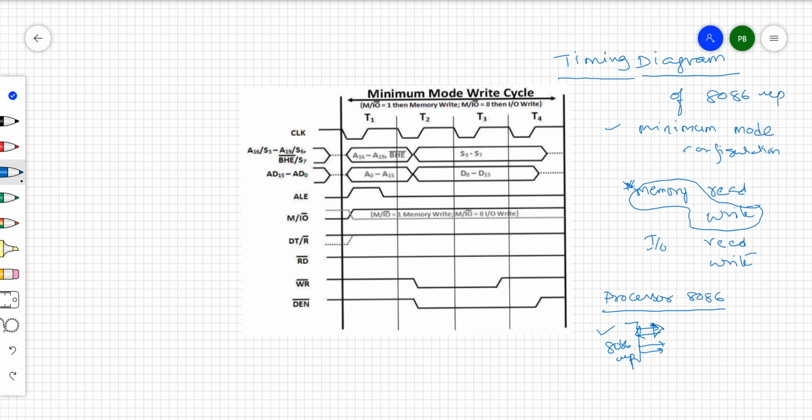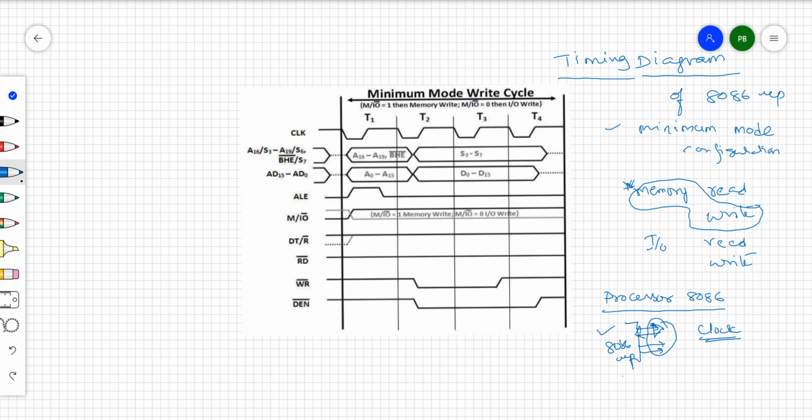All pins are going to be output in synchronization with the clock. That means with respect to the timing of the clock, all these signals are made 0 or 1.